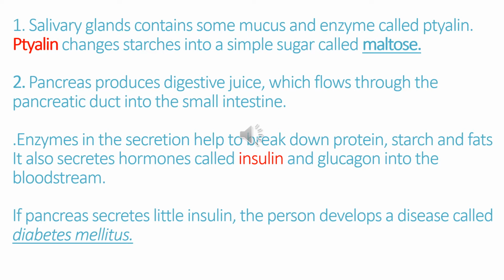Enzymes in the secretion help to break down protein, starch, and fats. It also secretes hormones called insulin and glucagon into the bloodstream. If the pancreas secretes little insulin, the person develops a disease called diabetes mellitus.